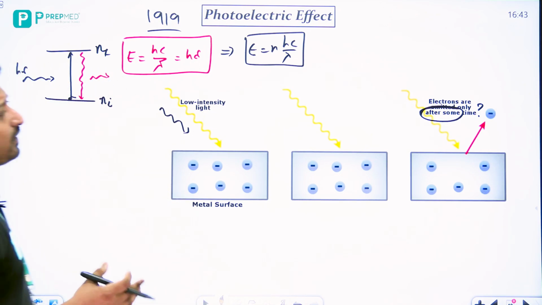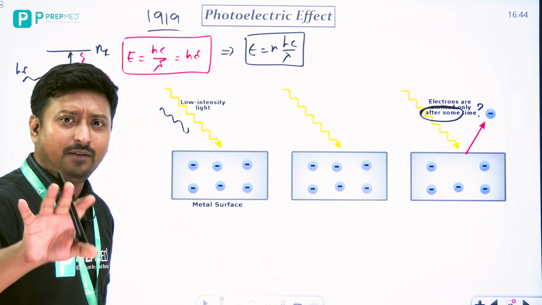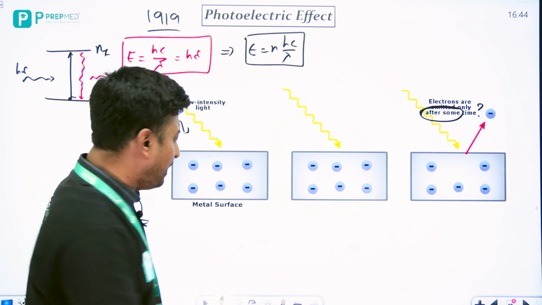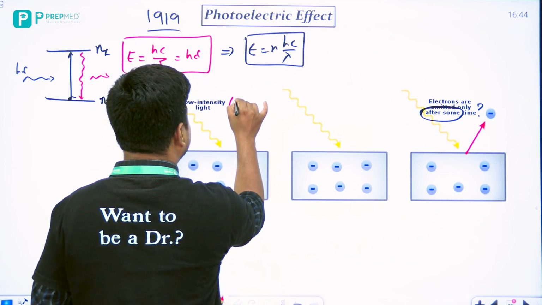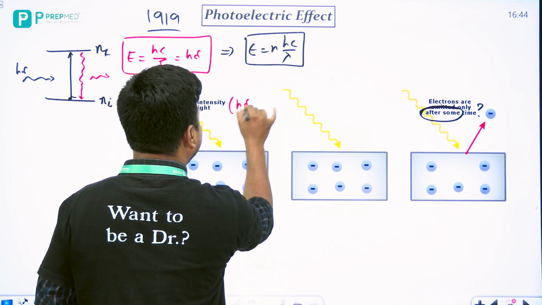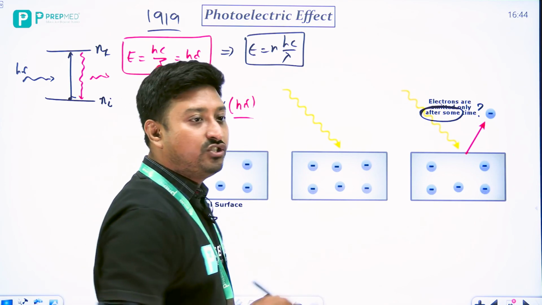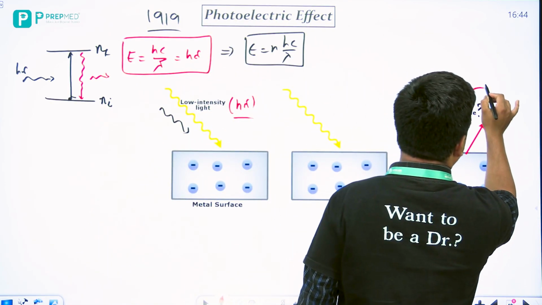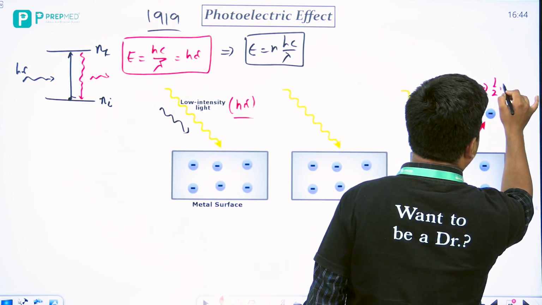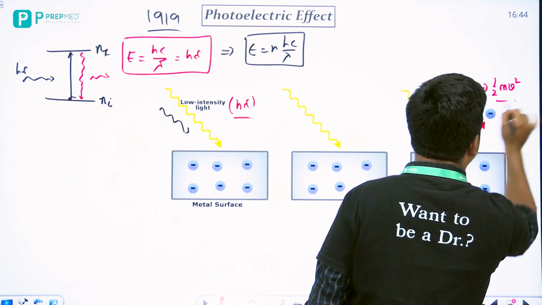If I keep a pause on this topic, we will see here that this intensity is, let's say, your h nu, that is the energy of the incident radiation, and the electrons are emitted with their kinetic energy, that is half mv square.